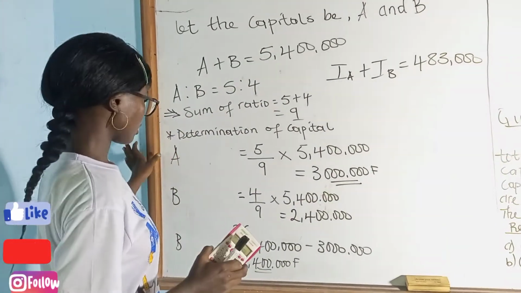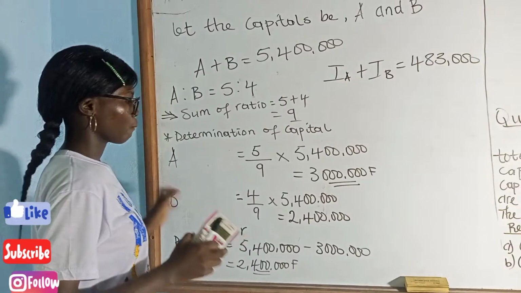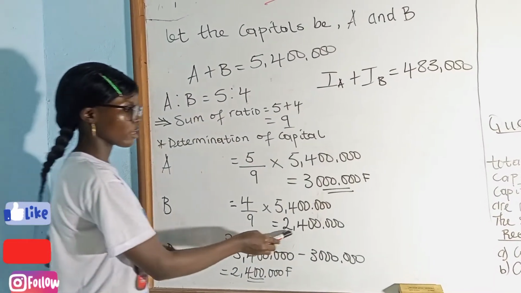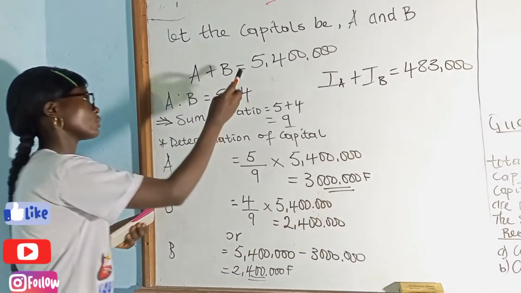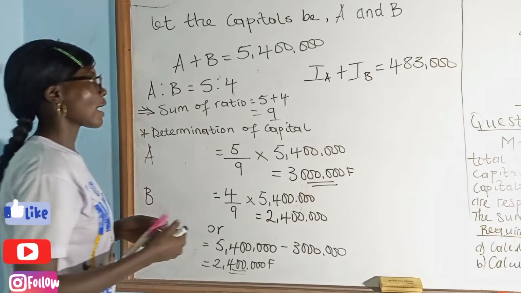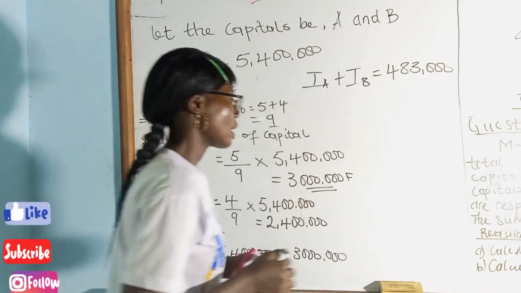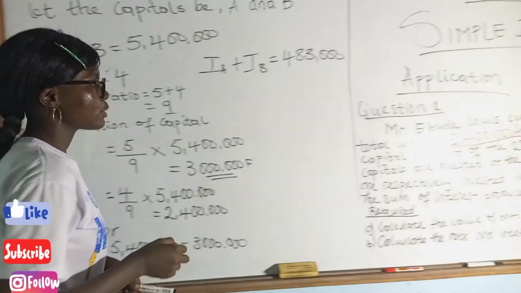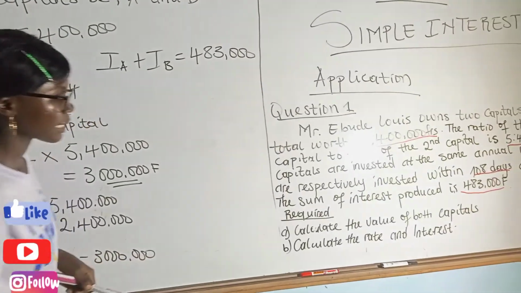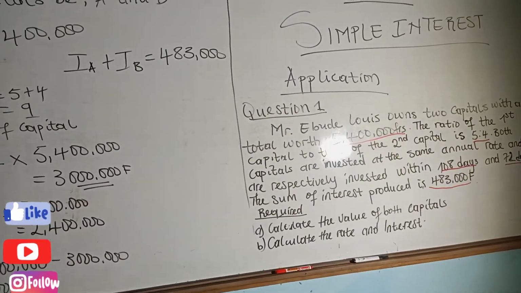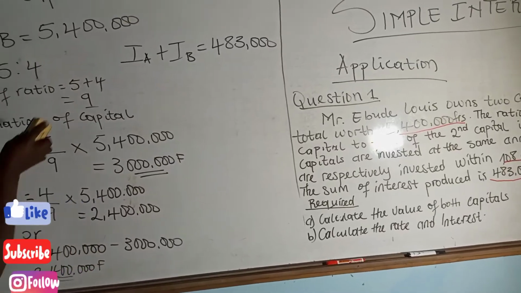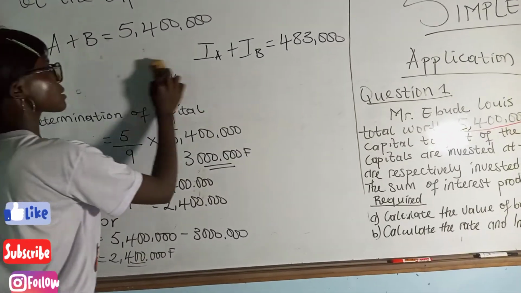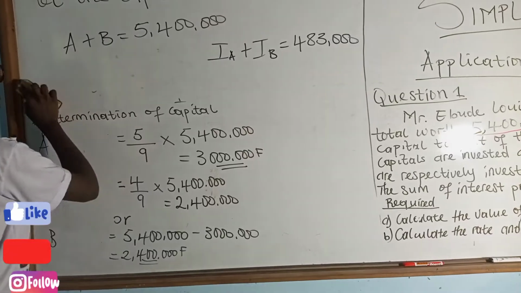That's both capital of A and capital of B. If you take 2,400,000 plus 3 million, it will give you the total capital, which is 5,400,000. Then the next step is to calculate the rate. For the rate we need the capitals and the interest.